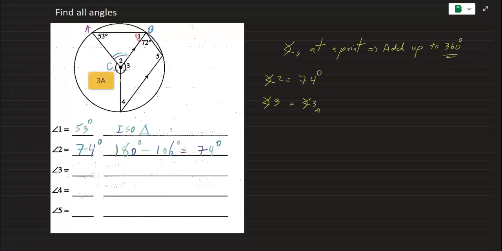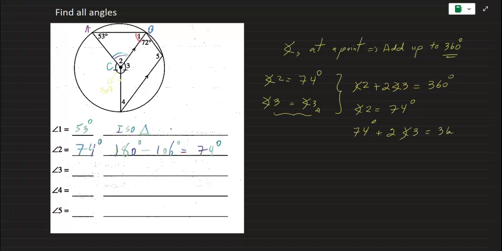These two are exactly the same. So we can write that angle 2 plus 2 angle 3 must equal 360 degrees. Angle 2 is 74 degrees, so let's substitute that: 74 degrees plus 2 angle 3, and we don't know the measure of angle 3, we're finding it, equals 360.